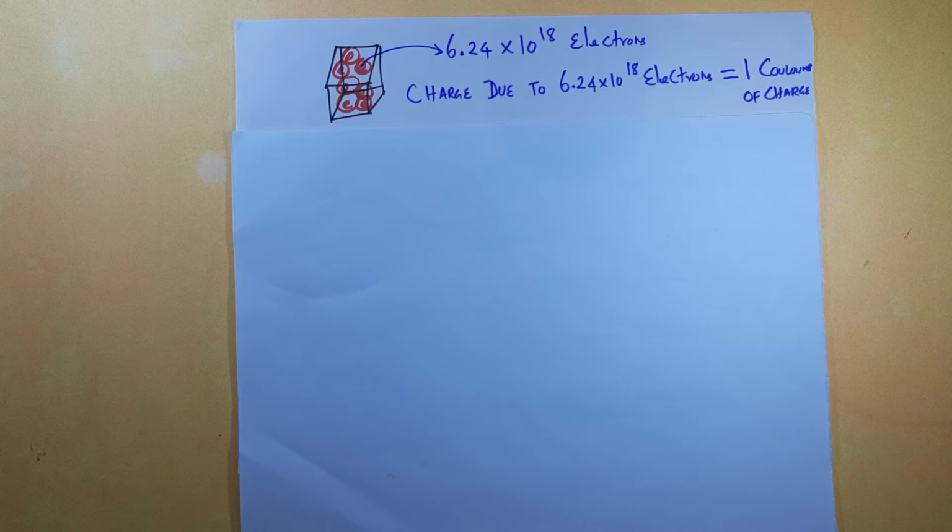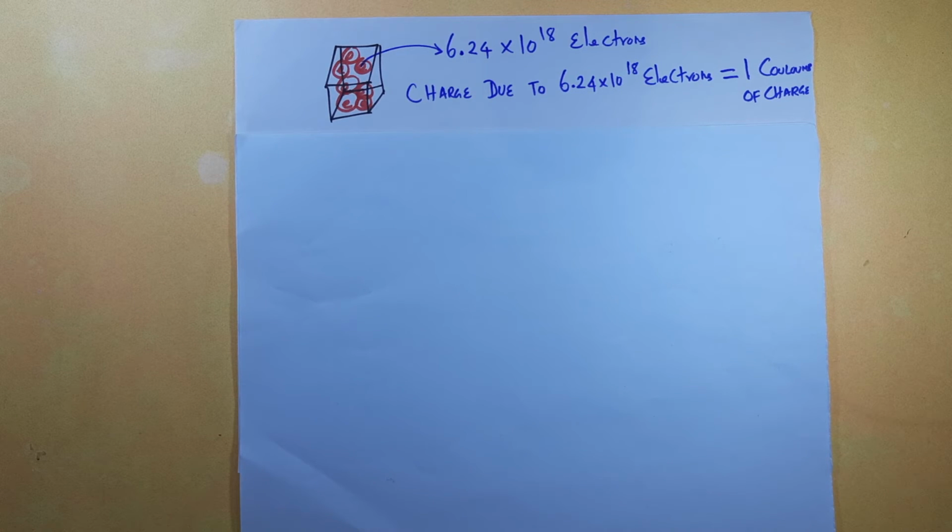You know very well, the electron is a charged particle, and electrons have a negative charge. Suppose, imagine you have a box, in that you have 6.24 x 10^18 electrons.